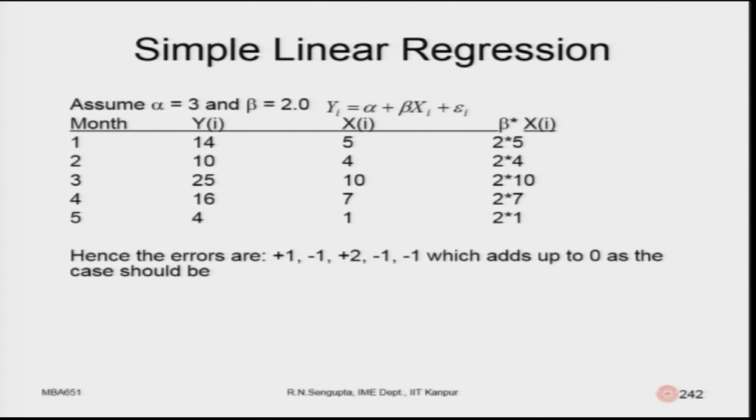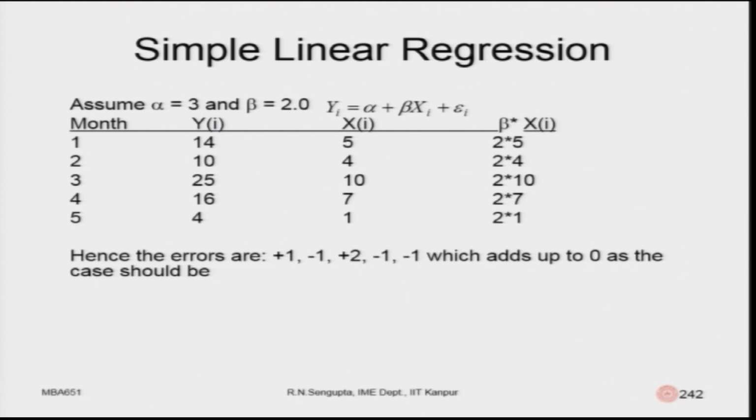So, in the first case you want to find out the error. The error would be given by alpha, which is 3, plus beta into x i, which is 10, which is basically 13, and the actual value of y is 14. So, 14 minus 13 is 1. So, here the error comes out as 1.